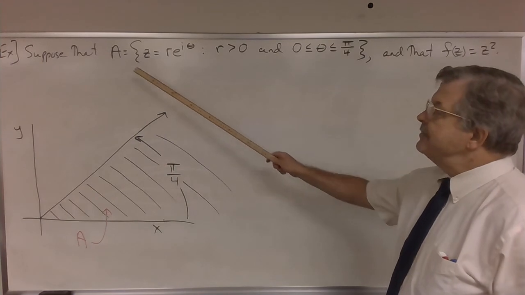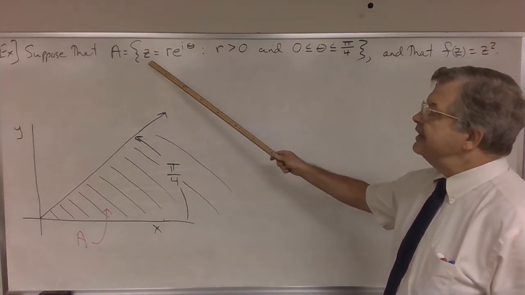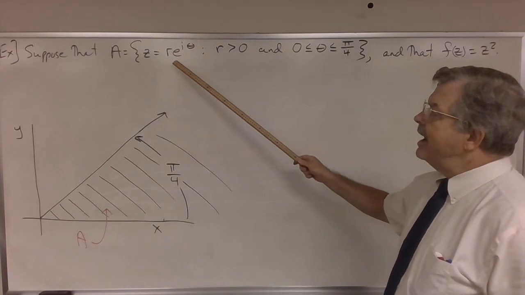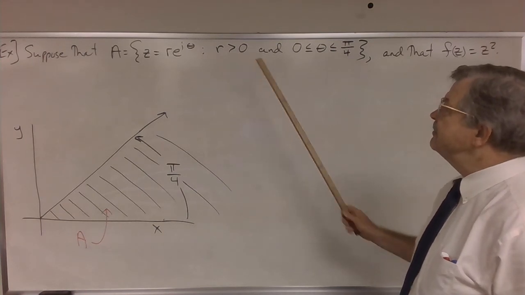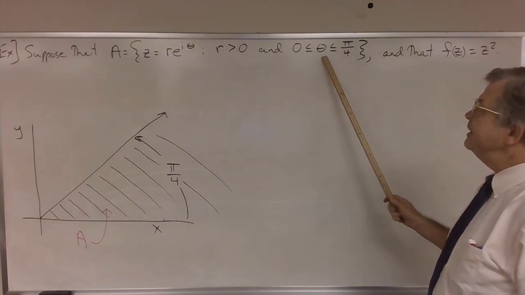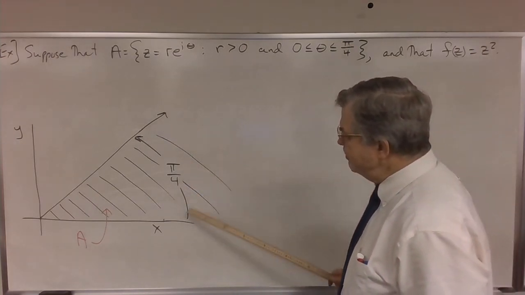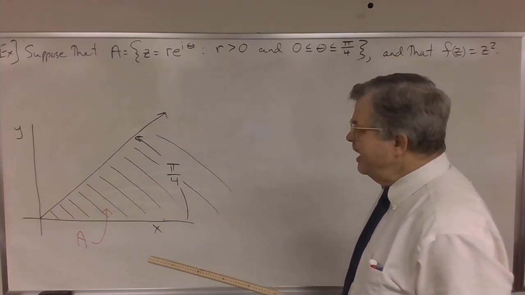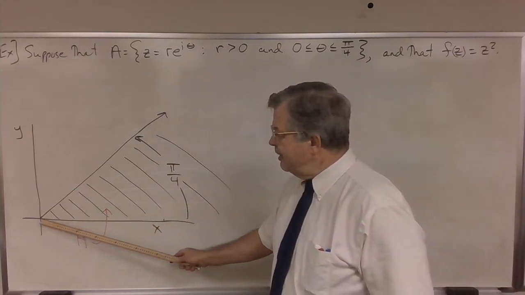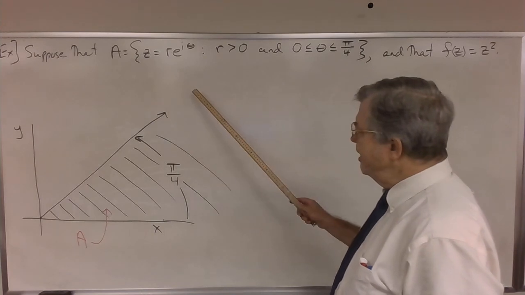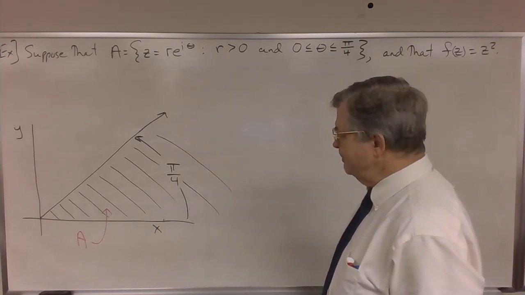Another example. Here, A is the set of all complex numbers z of the form r e to the i theta, where r is positive and theta is between 0 and pi over 4. So here's the angle pi over 4. And r is positive, so it goes from the origin outward in the first quadrant.